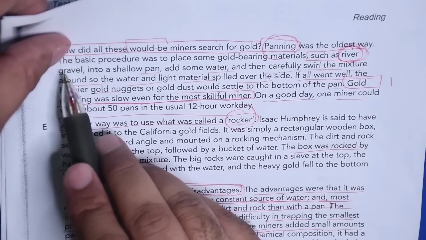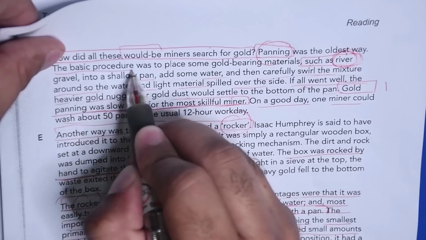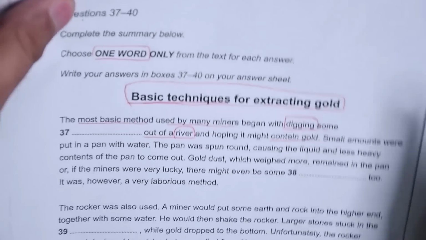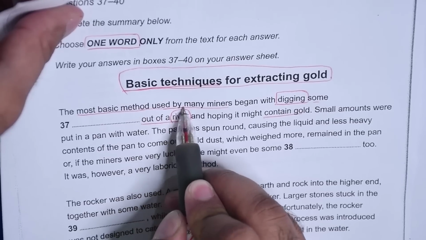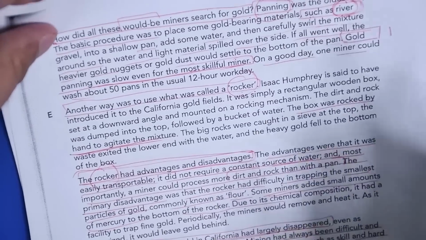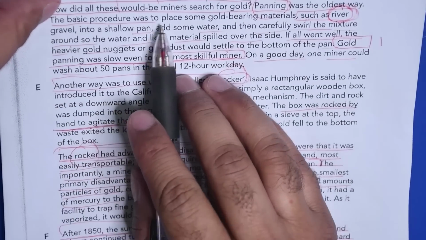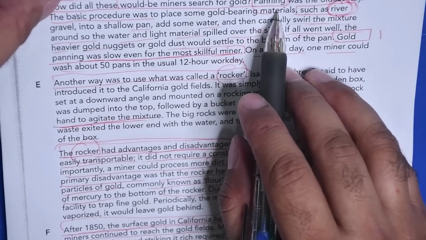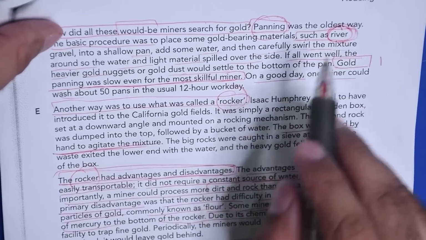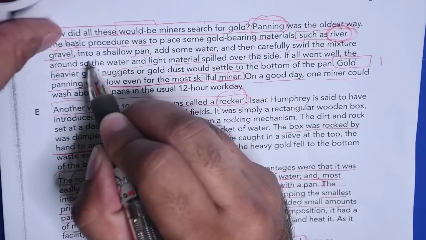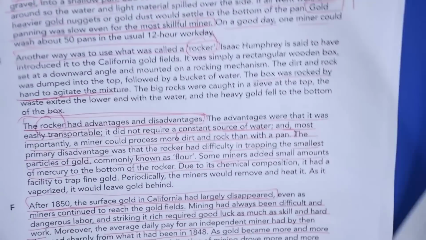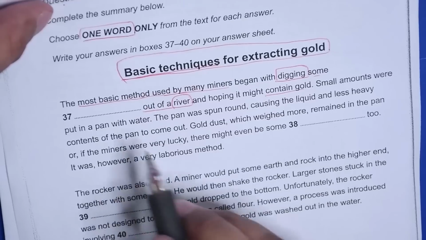So they say the basic procedure was. Now what is the question here? The most basic method used by many miners. They say the basic procedure was to place some gold bearing material such as river gravel into a shallow pan. River gravel. So from the river they got gravel.